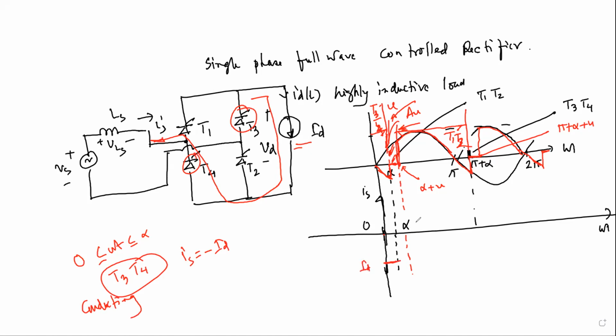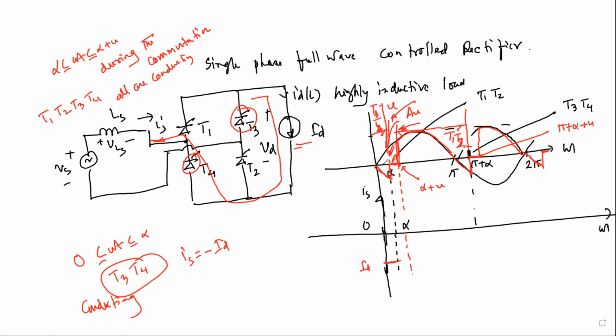And during the commutation period, that means alpha to alpha plus u. Can you listen to me? Yes, sir, we can listen to you. Okay. During this commutation, T1, T2, T3, T4, all are conducting.